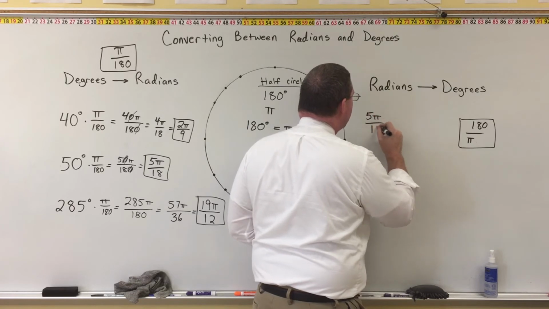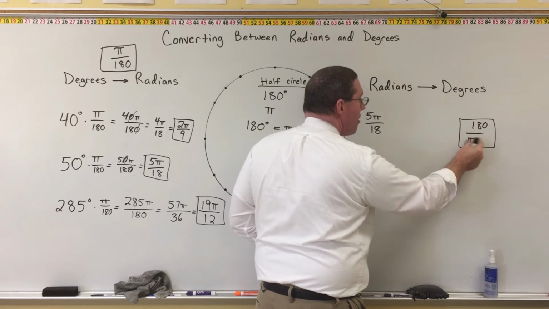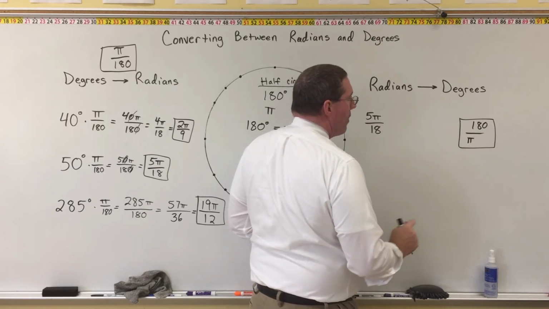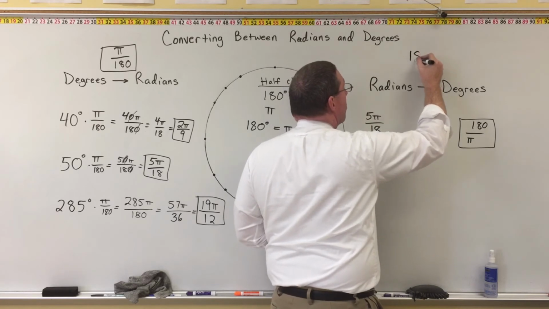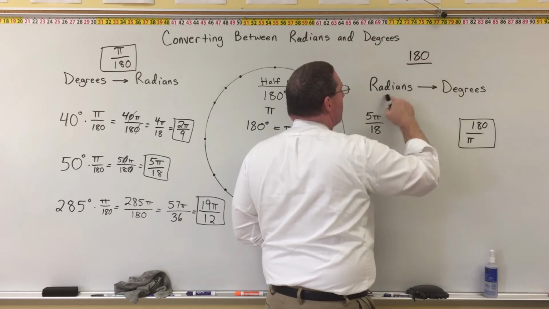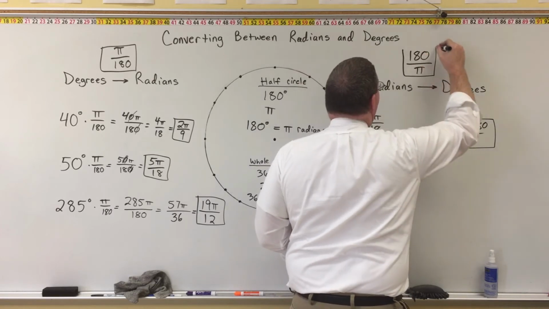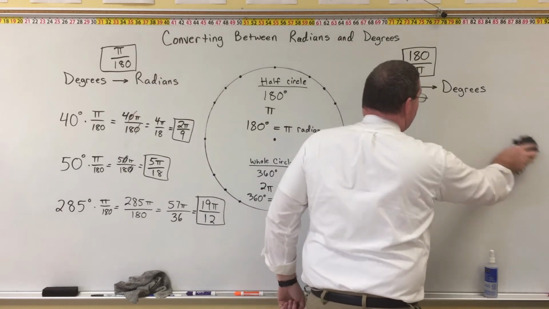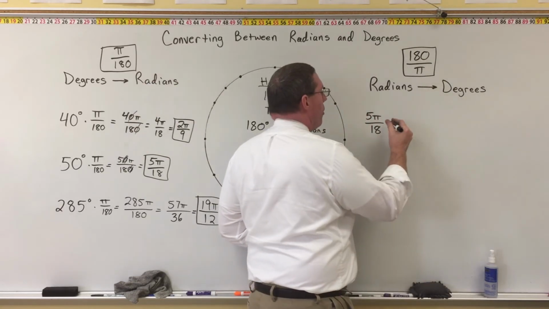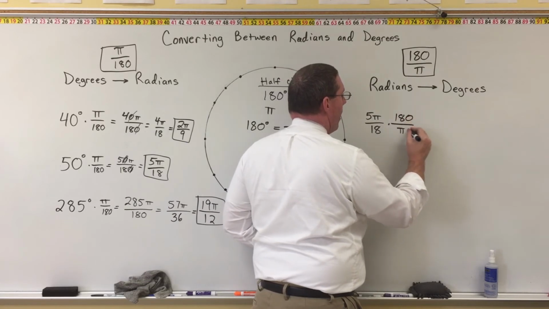We can do it by multiplying by a fraction that has a pi in the denominator, and that fraction is 180 over pi. So our conversion factor to convert between radians and degrees is 180 over pi. It's the reciprocal of our degrees to radians conversion factor. So over here, we're going to multiply by 180 over pi.